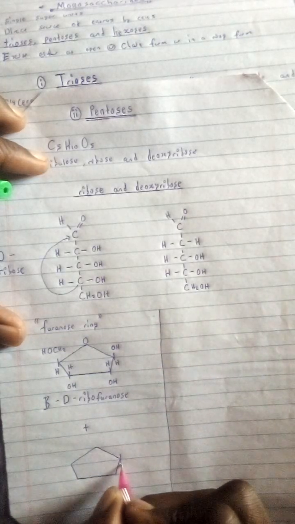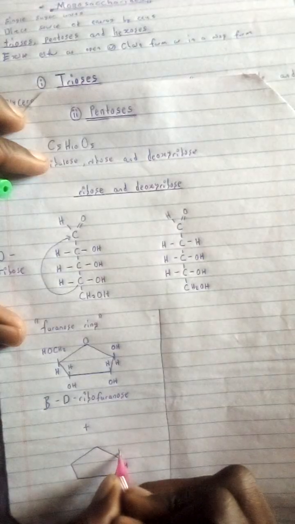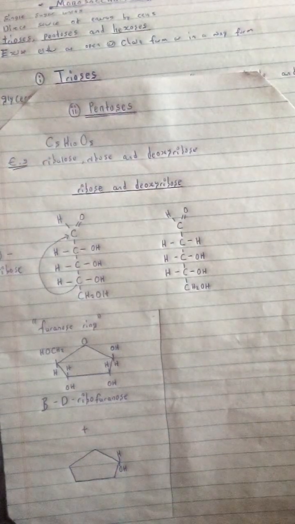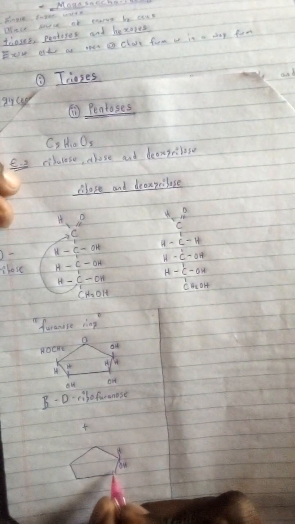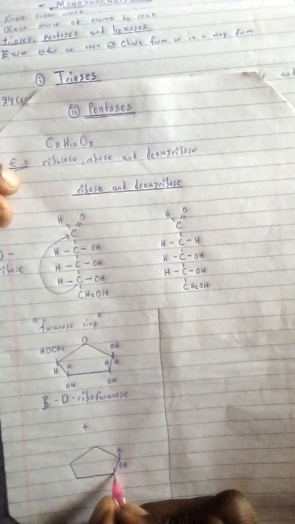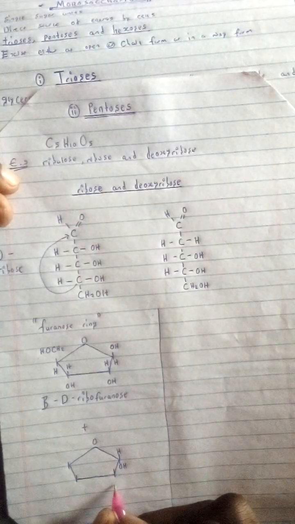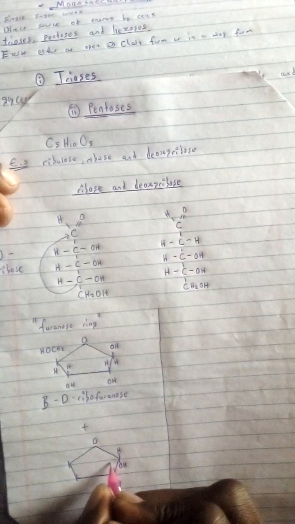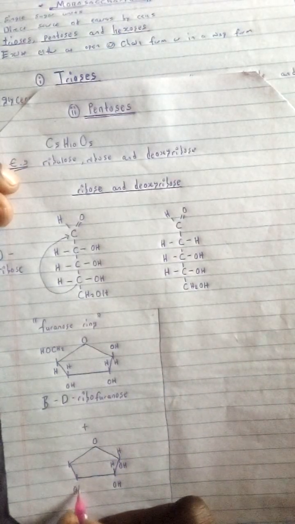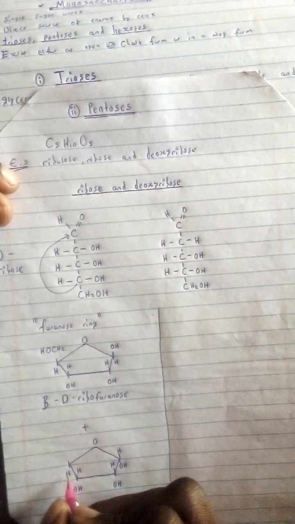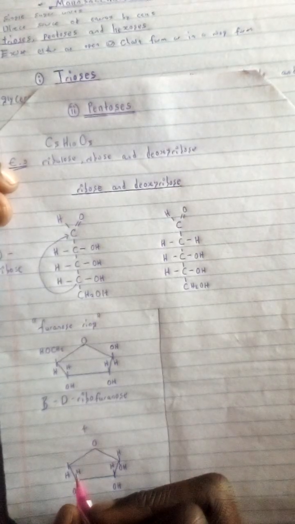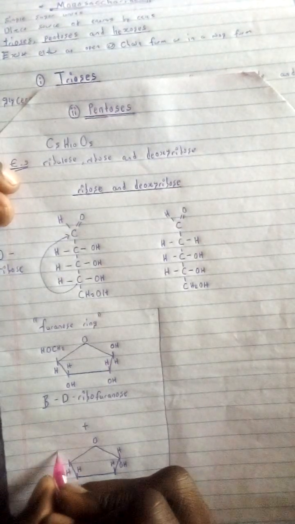So on carbon 1, the OH group will be down. Everything else remains the same, guys.